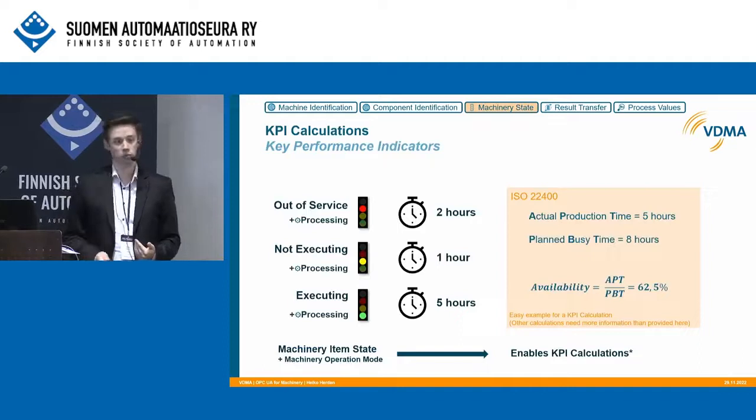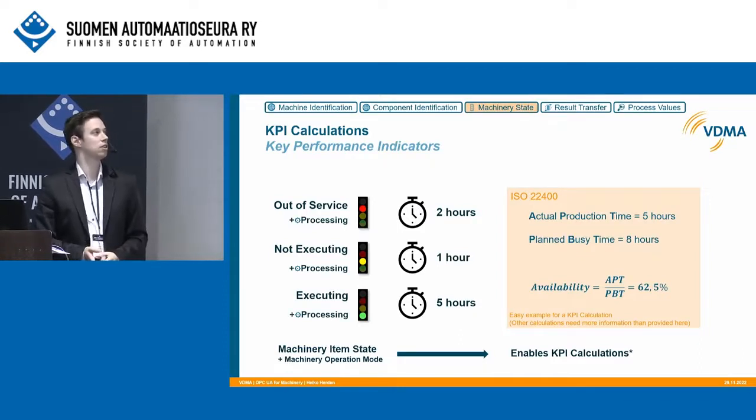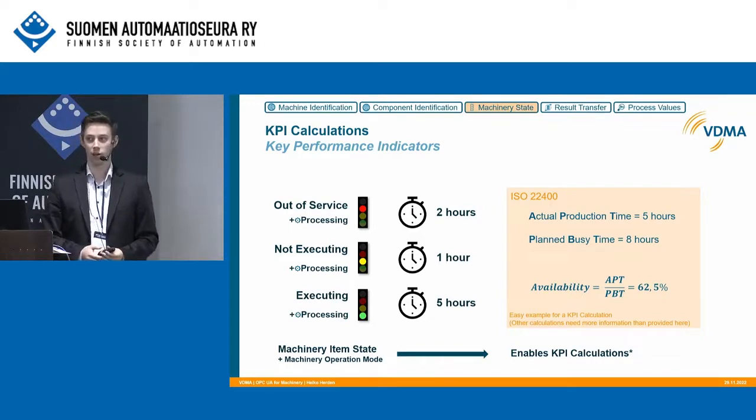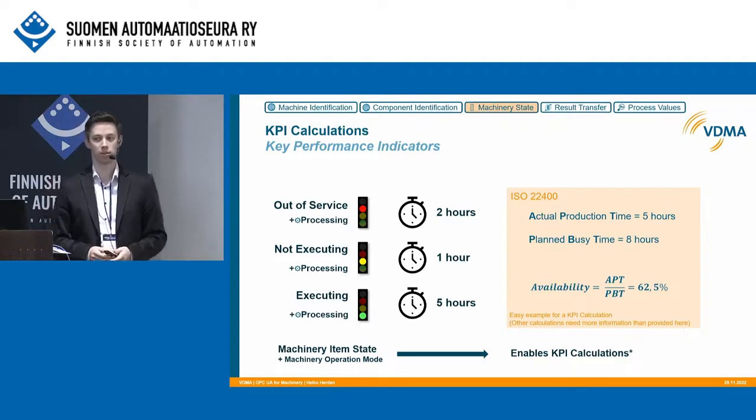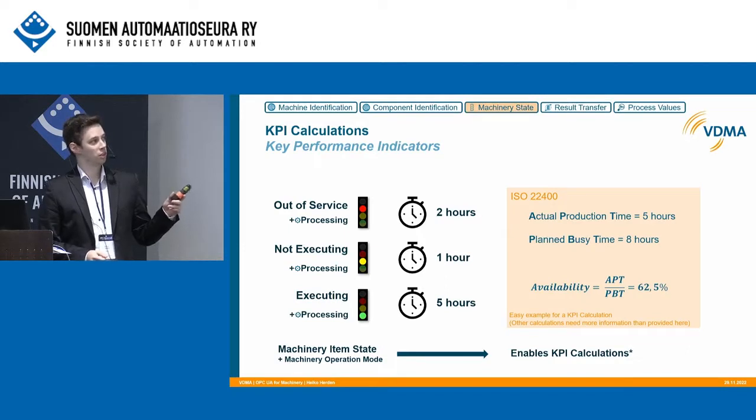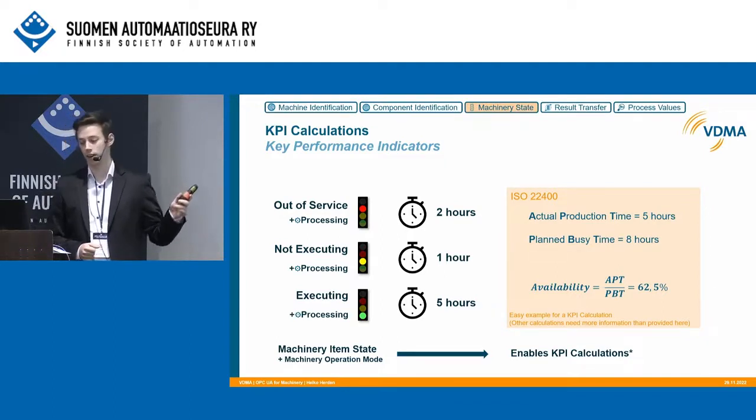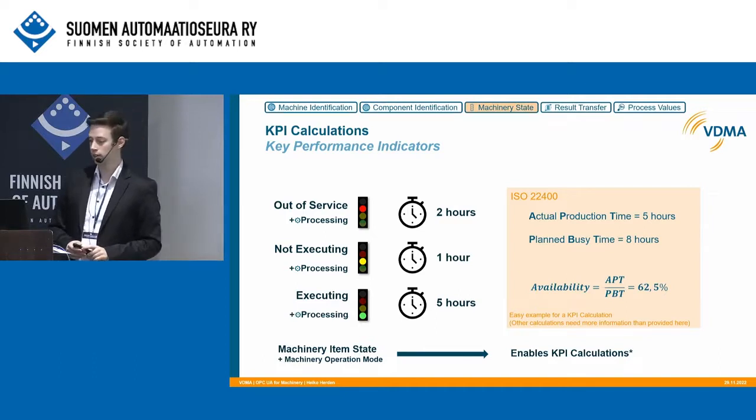Another use case would be to do KPI calculations. So for example, I know that my production or my machine should be busy 8 hours. So I have a planned busy time of 8 hours. That's something that's coming from the MES system typically. And with the OPC UA for Machinery machine state interface, I will know, okay, I was in out of service for 2 hours, I was in not executing for 1 hour, and I was in executing for 5 hours.